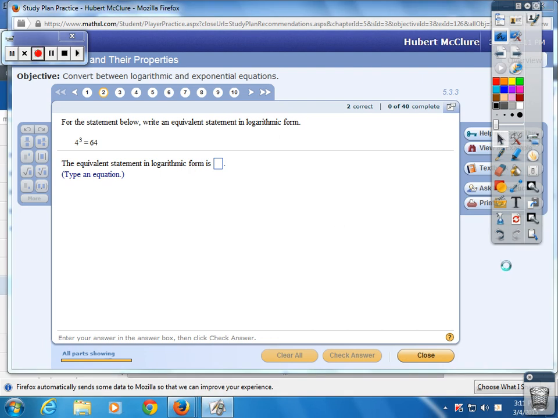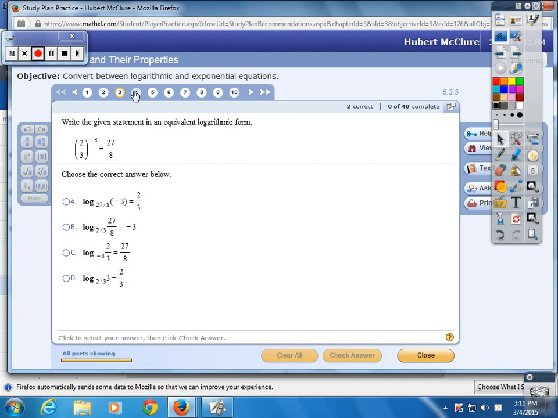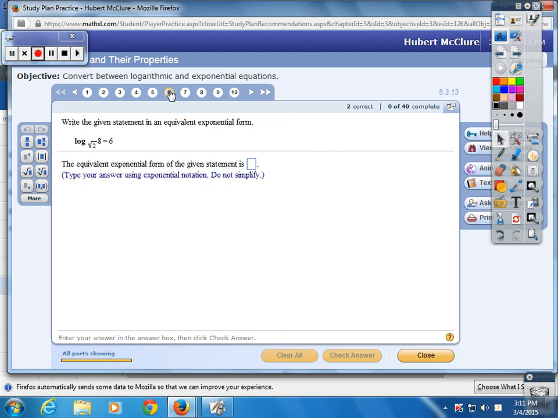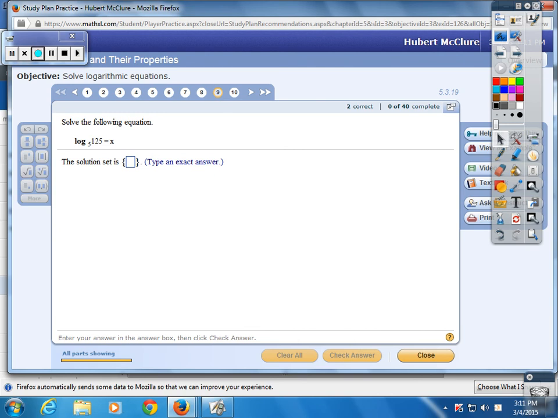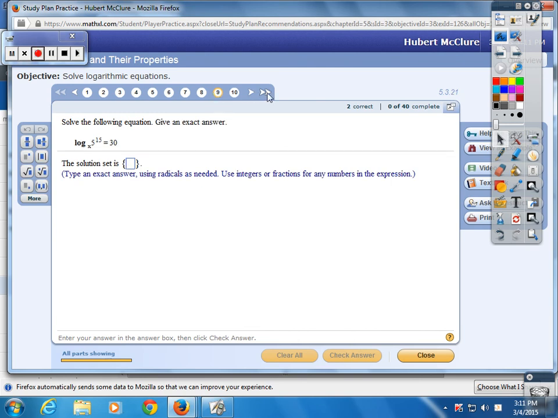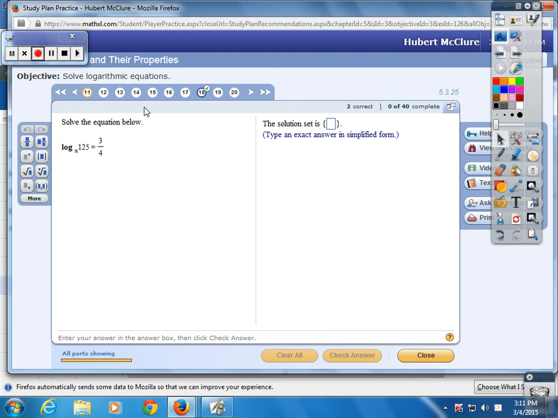These are all definition of logarithm, which y'all should be able to do. We'll do this one. Pull out your definition of a logarithm. The definition of a logarithm is a to the y is equal to x. I gave it to you the other day.